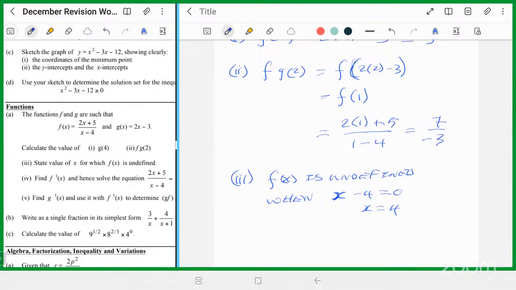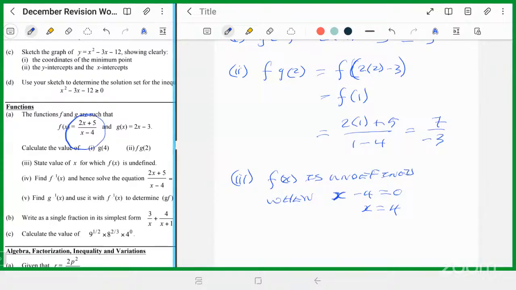Each element in the domain must map, and only one time. Only one arrow must come off each element in your domain for that to be the mapping diagram of a function. Alright, so 4 wouldn't have any value to map onto, because 4 can't work on this function.